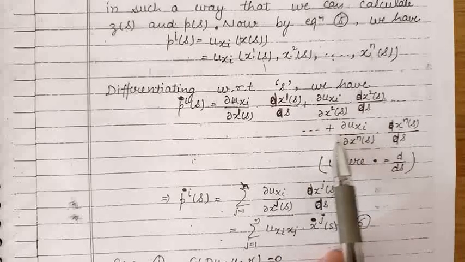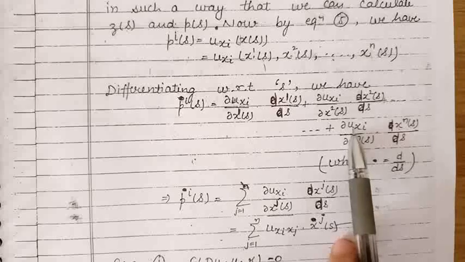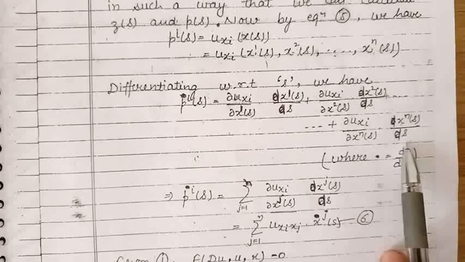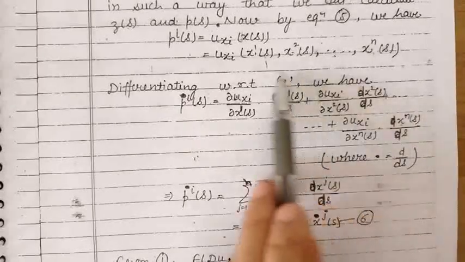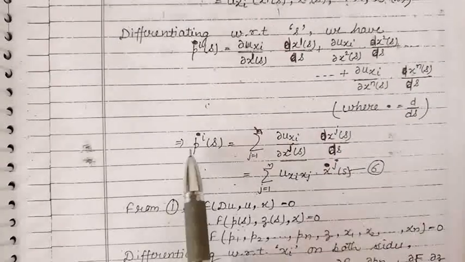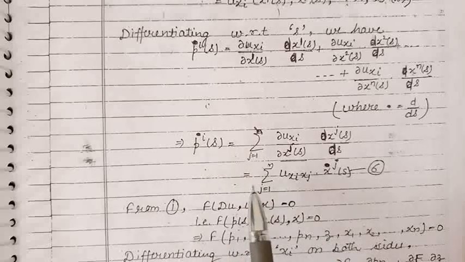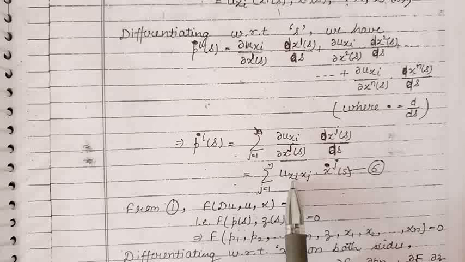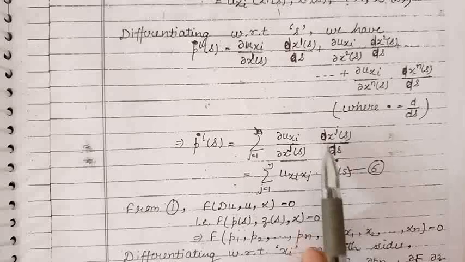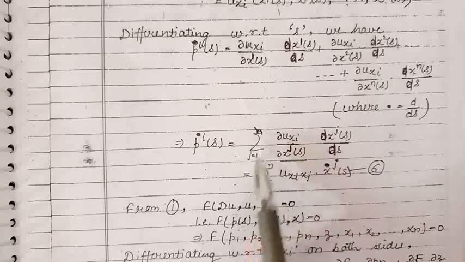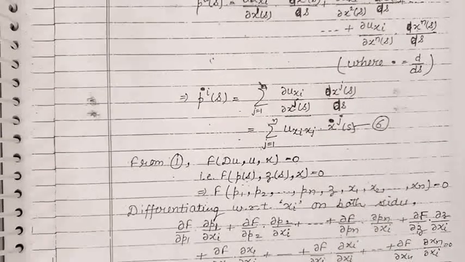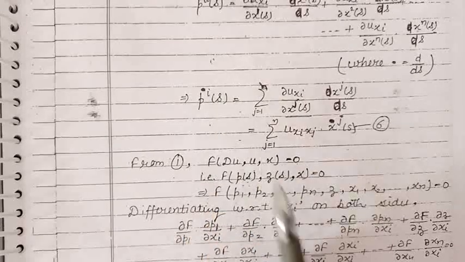Continuing like this, the last is the partial derivative of u_xi with respect to xn times the derivative of xn with respect to s. We can write this expression in the form of summation. So the derivative of pi with respect to s is equal to the summation of u_xi xj times xj dot. Dot means d by ds. Here j varies from 1 to n. So till now we have obtained the derivatives of the pi's with respect to s.